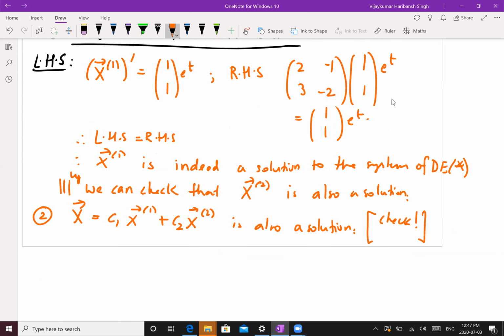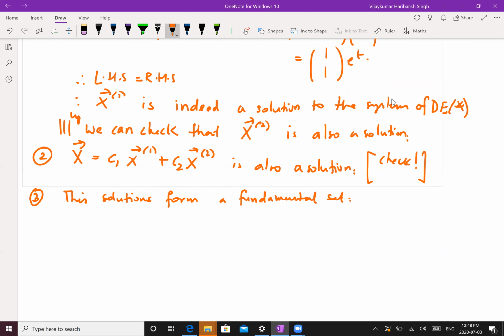Now, third, we want to show that these solutions form a fundamental set. To show that, we need to show that they are linearly independent.